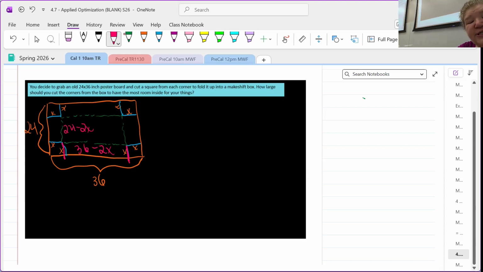So if I cut a Post-it out of each corner, I'd have the 36, and then I subtracted 3, and I subtracted another 3. So I'd take 3 off 2 times. So it'd be 30 inches, but I got 30 by subtracting 2 times 3. And then the 24 minus 3 would get us down to 18, because that's 24 minus 2 times 3. But 3 was my X number, so then I just write that calculation I did with X's instead.